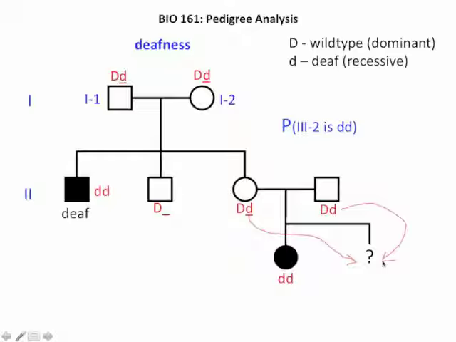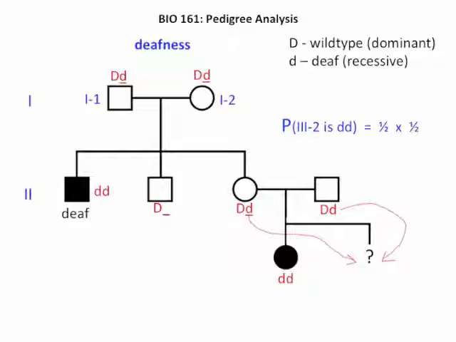And so if we want to represent that written out, we would write the probability that individual 3-2, the next person, is little d, and that would be equal to the probability of getting a little d from the mother, which is a half, because there's two different alleles, and an equal chance of passing on either one. And the probability of this individual inheriting a little d from the father is also a half.